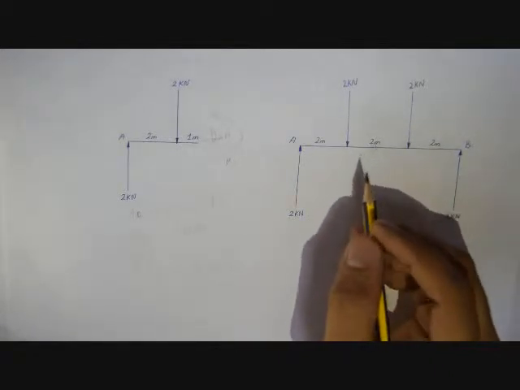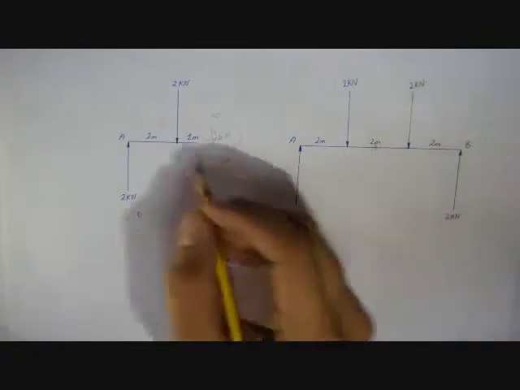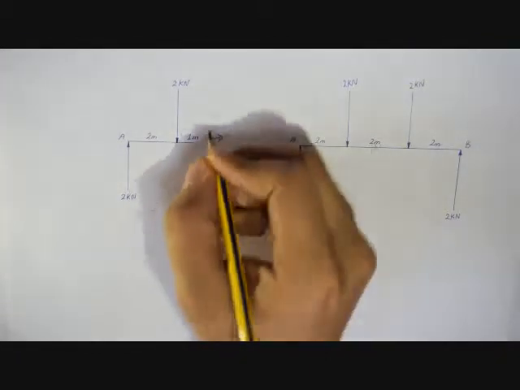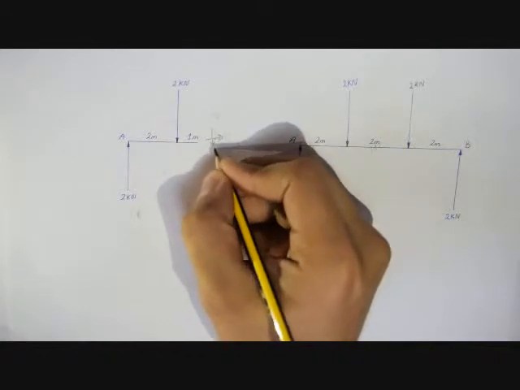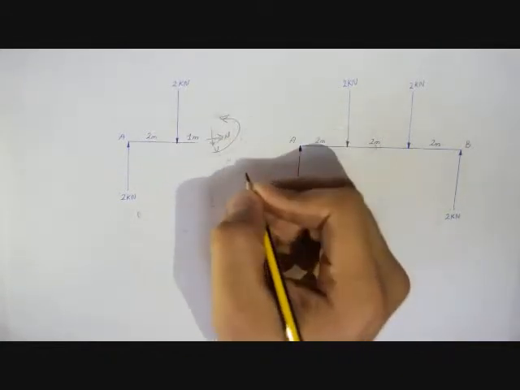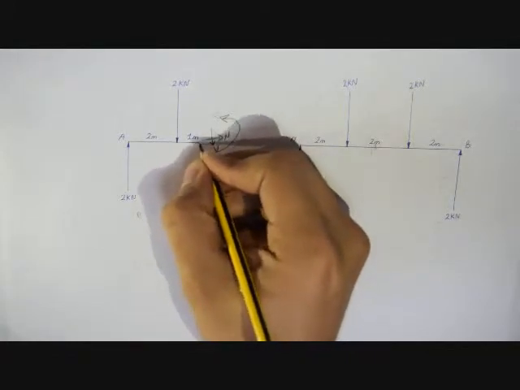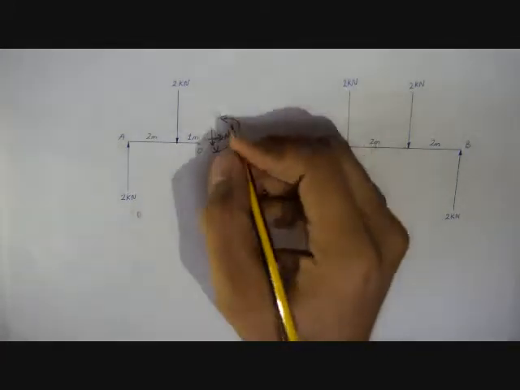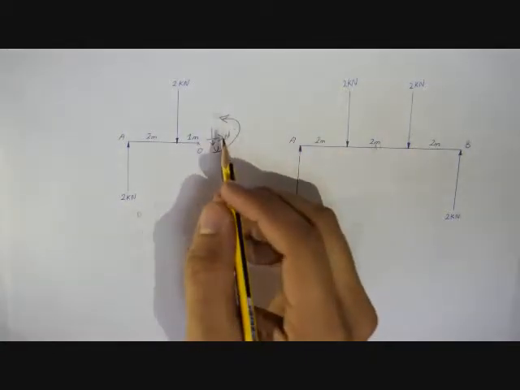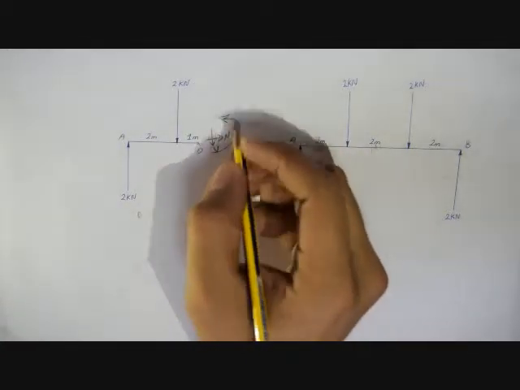Okay, we get something like this. We have normal force, shear force, and bending moment here at point O. To calculate this bending moment, I assume it in this direction.